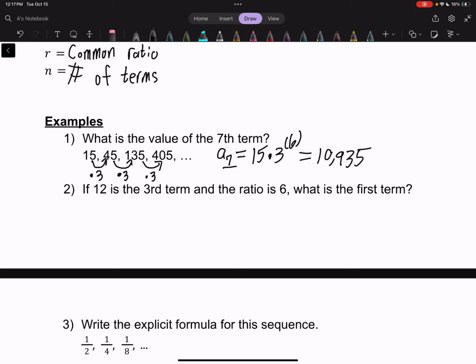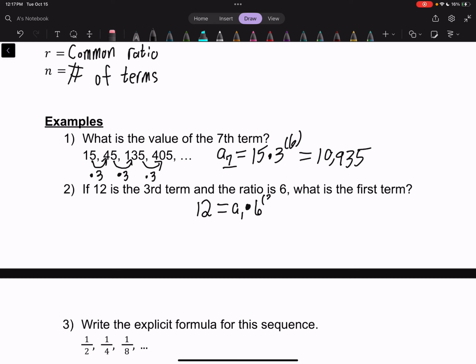If 12 is the third term and the ratio is 6, what is the first term? So I'm given that this is the third term, which means I have a sub 1 times 6.